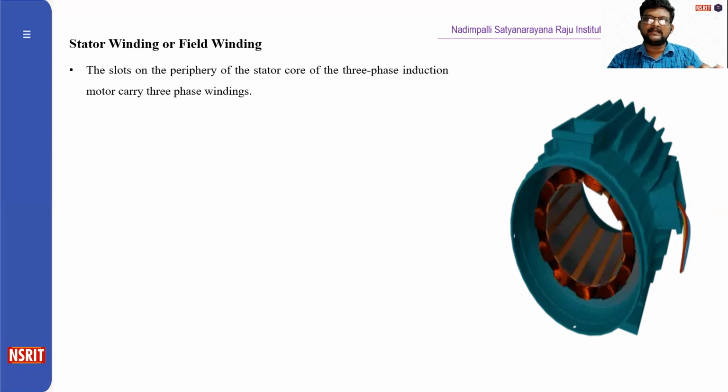To start the slip ring induction motor by inserting resistance, the stator winding of the slip ring induction motor can be connected either in star or delta. The winding wound on the stator of a three-phase induction motor is also called a field winding. When the winding is excited by the three-phase AC supply, it produces a rotating magnetic field.